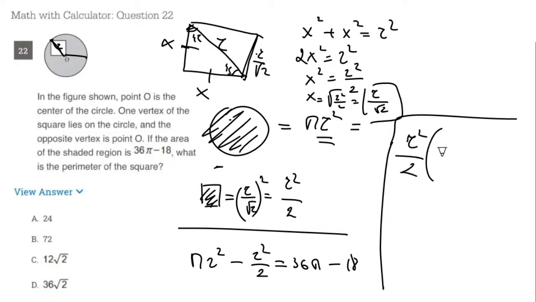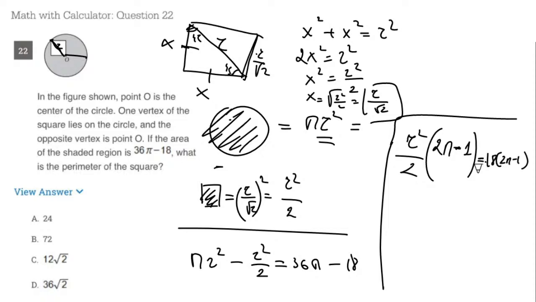What I get here is pi, it's actually 2 pi, and I'm left with minus 1. Agree? And here you see it's actually 36, 18 multiplied by 2. I do the same. So I get 18 times 2 pi minus 1.